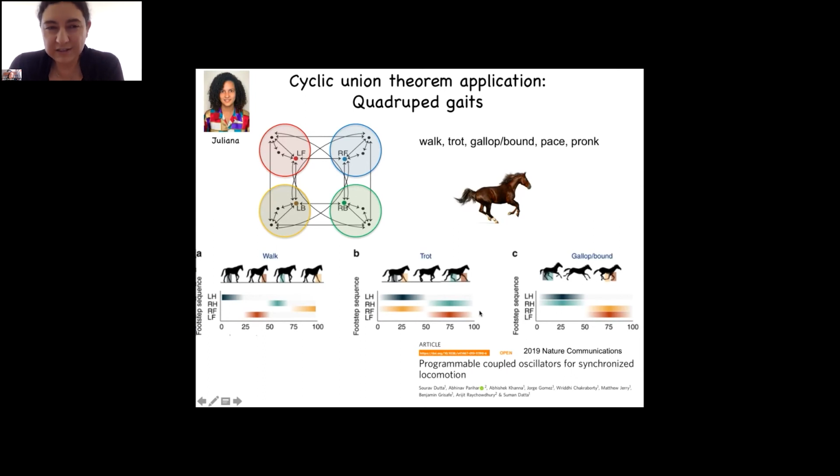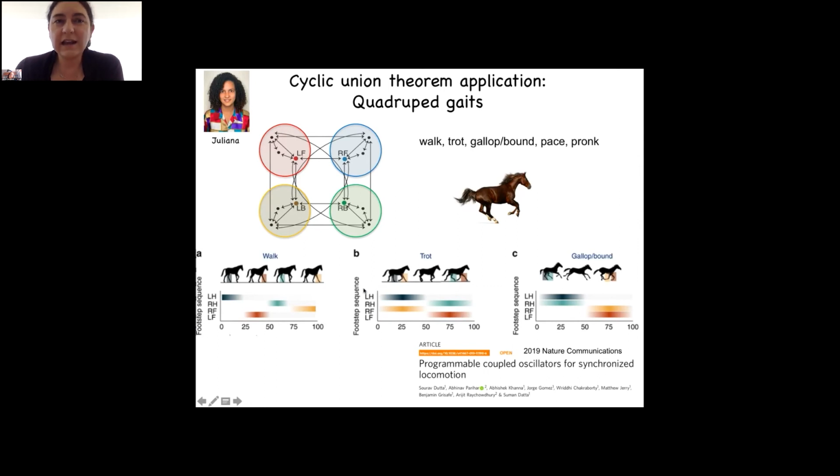However, they must change parameters to go from one gait to the other. This is the typical situation. If you look for models of these central pattern generator circuits, sometimes people can encode multiple gaits in the same network, but they have to change parameters. So it's not really the same network. They need to make some alteration in order to get the other gait.